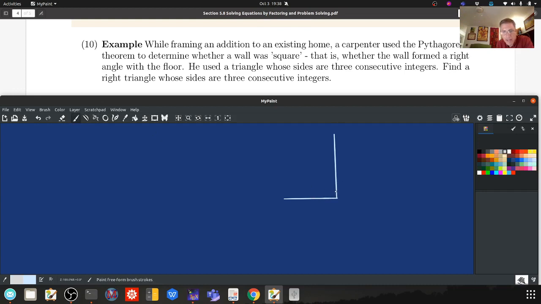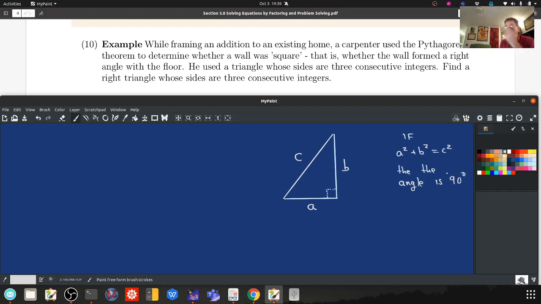Is this angle actually 90 degrees? Well, we will know if I know the measurement here is A, the measurement here is B, and I know the measurement of the diagonal C. If A squared plus B squared is equal to C squared, then the angle is 90 degrees.